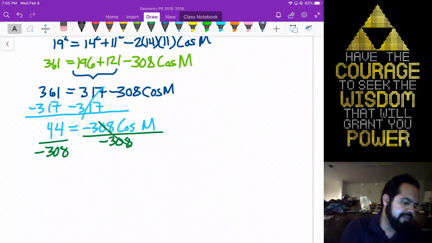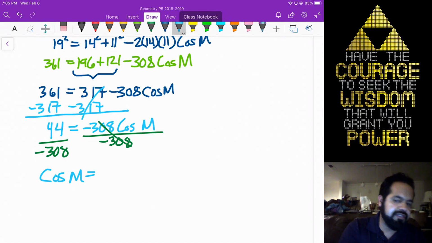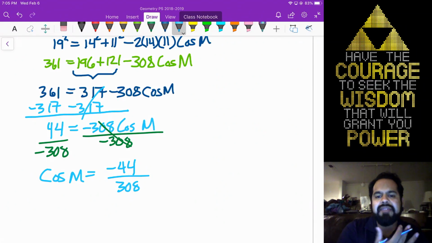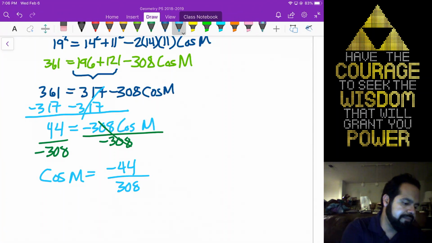Now, the cosine of m is by itself. Cosine of m equals your fraction, negative 44 over 308. If you keep the negative down below, it's not going to change it. I just want to make sure you understand that if there's only one negative, it doesn't matter if it's on the top or the bottom.